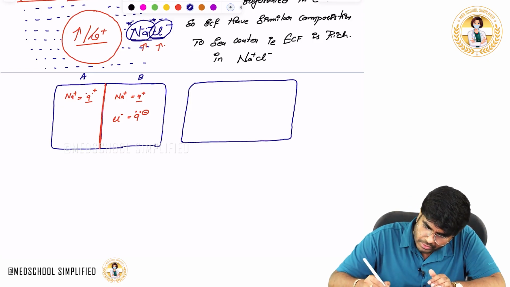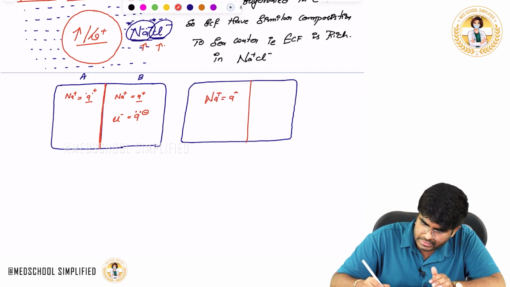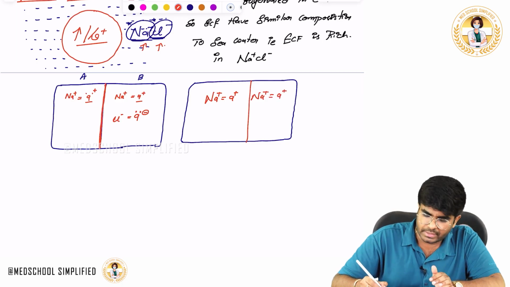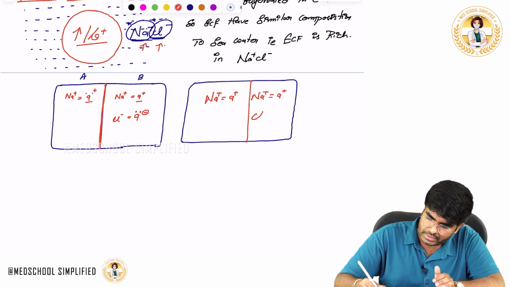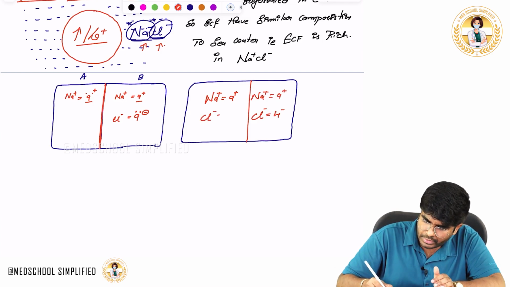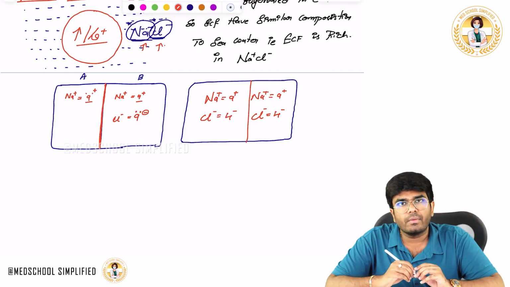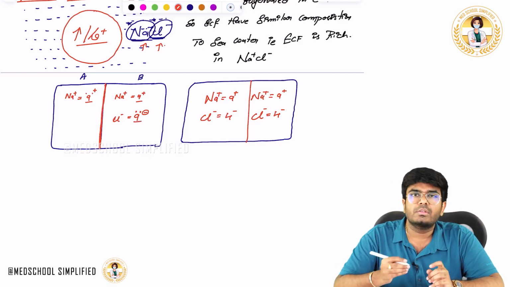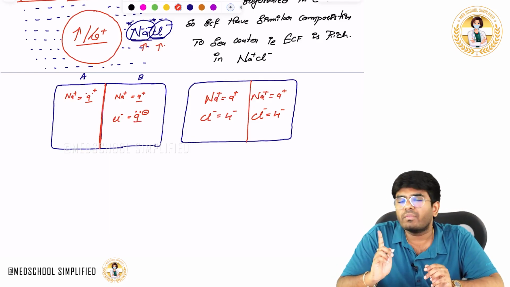Look what happens. There is no change with the sodium: 9 here, 9 here. Now the chloride is 4 ions here and 4 ions here, but 1 ion is left over.